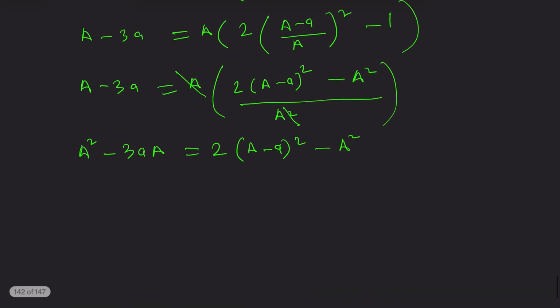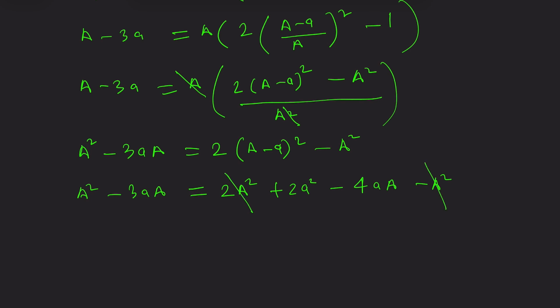If I solve this, I get a² minus 3aa = 2a² + 2a² minus 4aa minus a². This and this will automatically cancel, so it becomes aa = 2a².